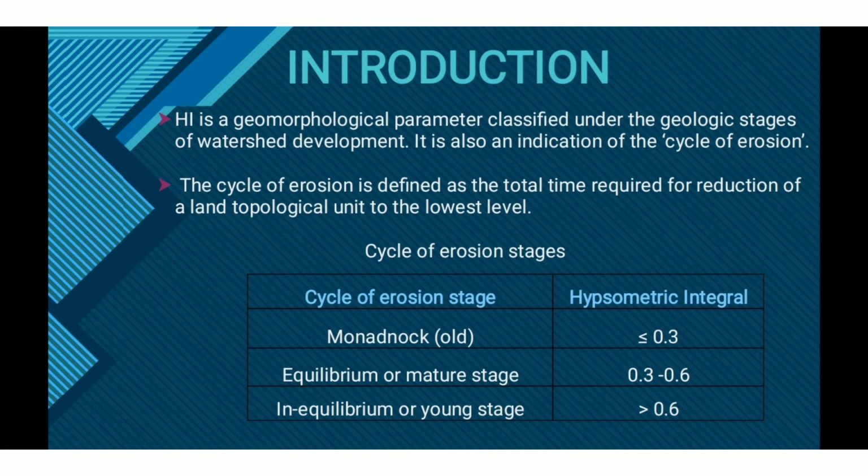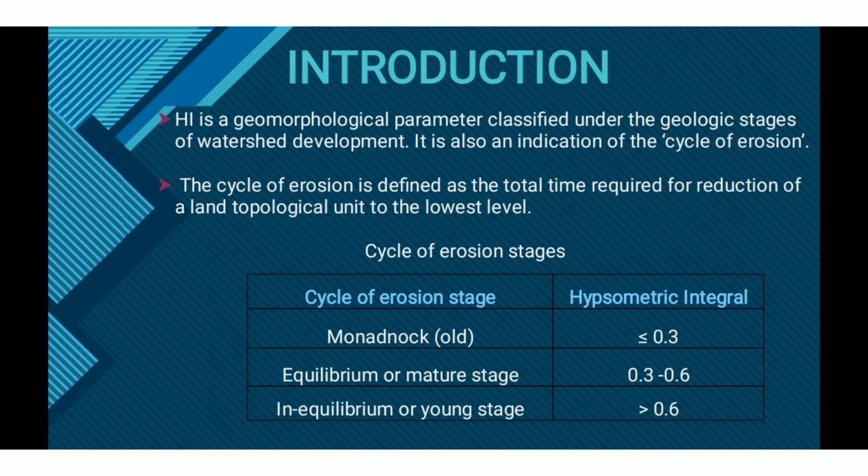the watershed. The hypsometric integral is a geomorphological parameter classified under the geologic stage of watershed development. It is also an indication of the cycle of erosion. The cycle of erosion is defined as the total time required for reduction of a land topographical unit to the lowest level.